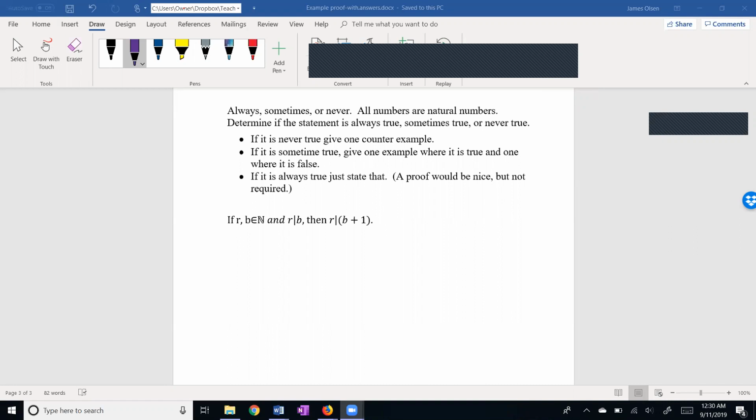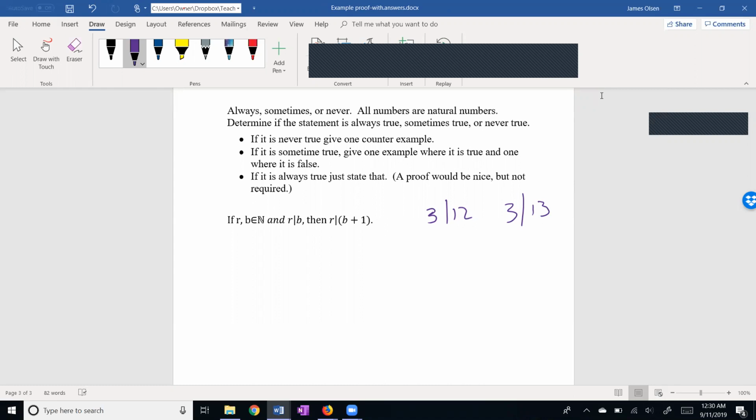All right, so let's say maybe that 3 divides 12. 3 divides 12, so R is 3 and B is 12. Can we conclude that 3 divides 12 plus 1, which is 13? Well, that's false. So this is either never true or only sometimes true.